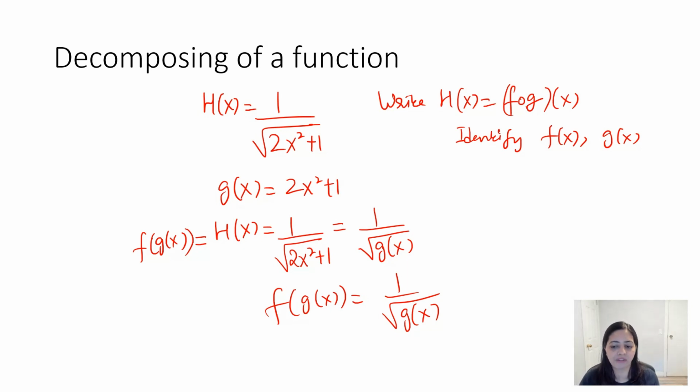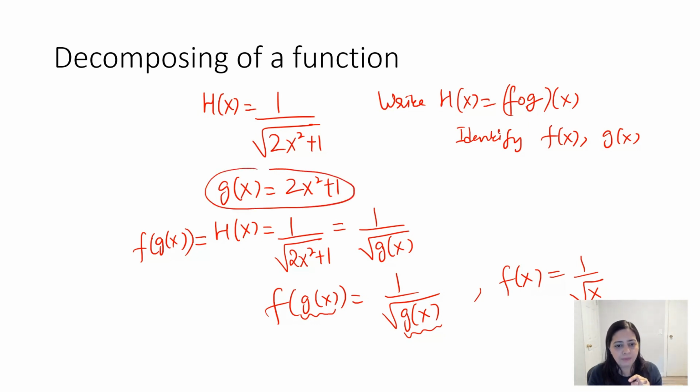Now from here, if I want to deduce what f of x is, it's very easy to identify. Wherever there is g of x, you replace that with x. We were doing the opposite earlier: in the definition of f of x you replaced x with g of x. Now you have to do the opposite. In the definition of the outer function, wherever you identified g of x, because it was you who identified it and named it g of x, you replace that with x and you get your outer function.